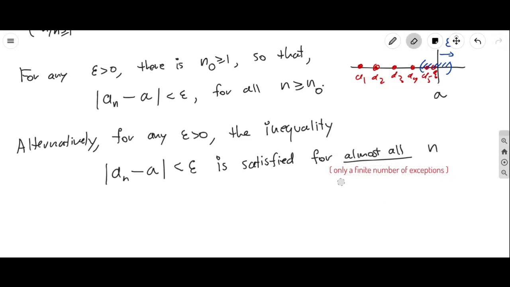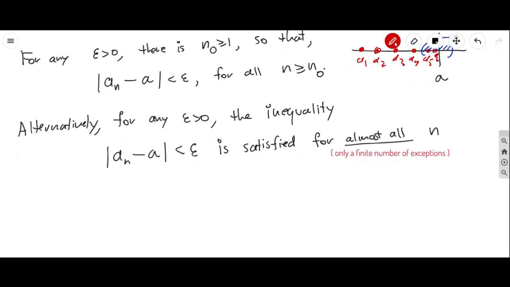And this should make sense, because if this inequality is true for all integers beyond n0, then it will mean everything from 1 up to n0 may not necessarily satisfy the inequality. So that's where you have the exceptions. So you have finitely many exceptions. But beyond that point, it all becomes true. Okay?